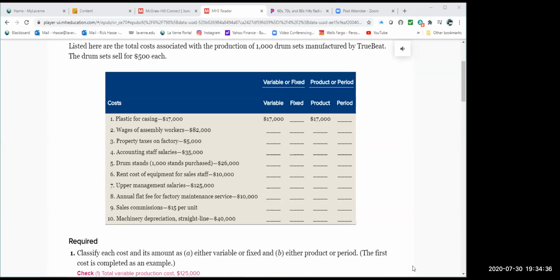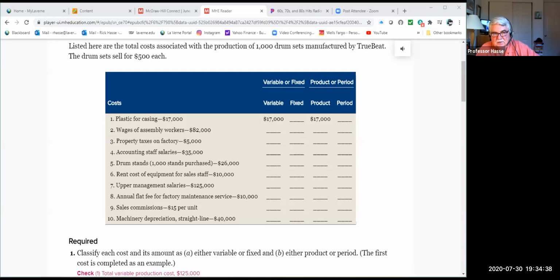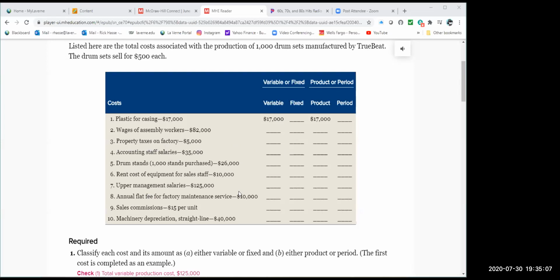All right. I'd like you to tell me the next one on our list here. Property taxes on the factory are $5,000. Property taxes on the factory where you're producing the drum set. Variable or fixed, product or period. What do you think? Would it be fixed with period?